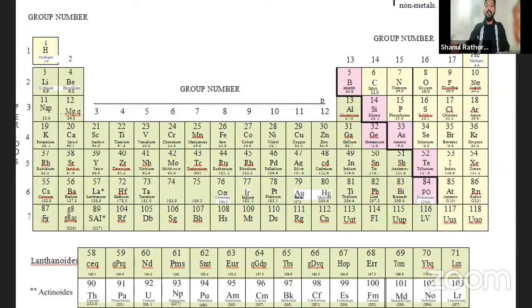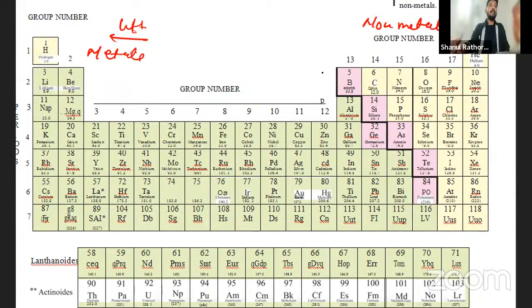The periodic table is divided into metals on the left, as you can see, the left portion here. On the right-hand side we have non-metals.